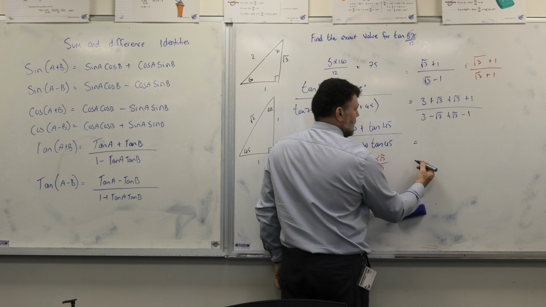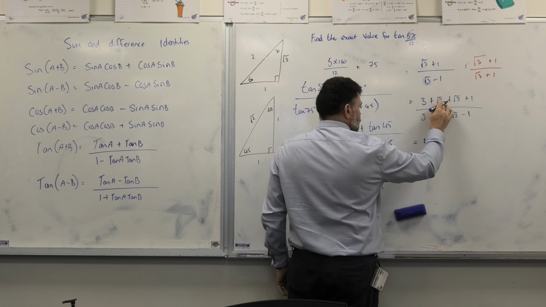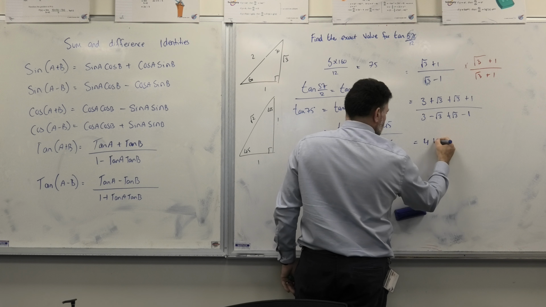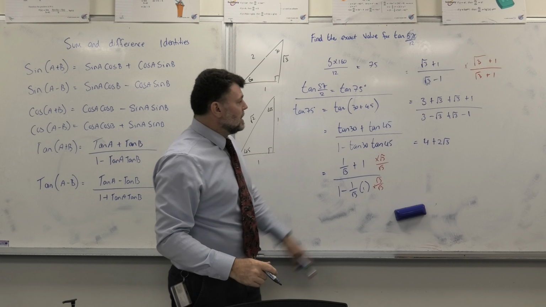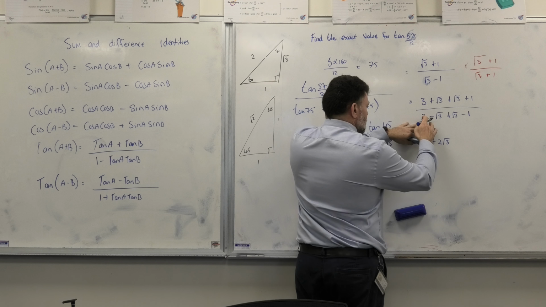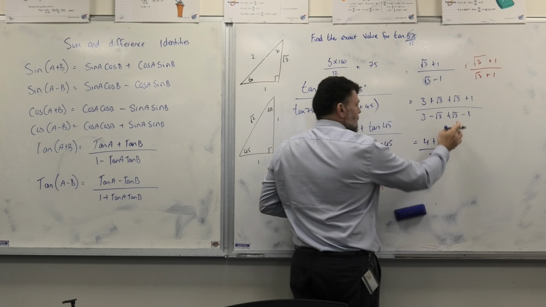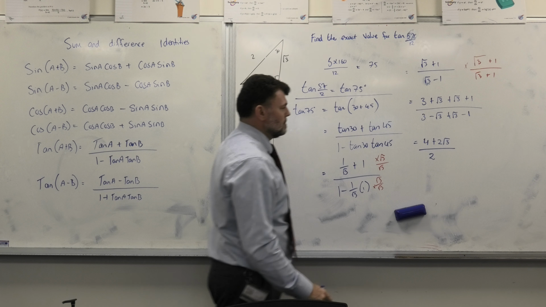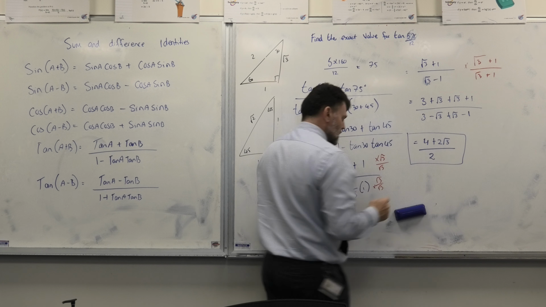We can now start collecting like terms. We've got 3 plus 1 is 4. Root 3 plus root 3, they're the same, so I have 2 lots of root 3. Down the bottom, 3 take away 1 is 2, and these 2 should cancel out. Now I'm at a point where I have a possible solution.